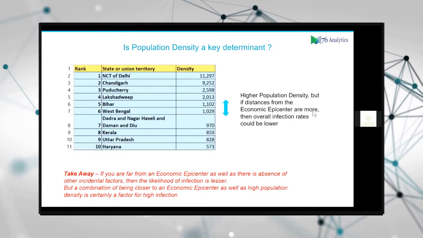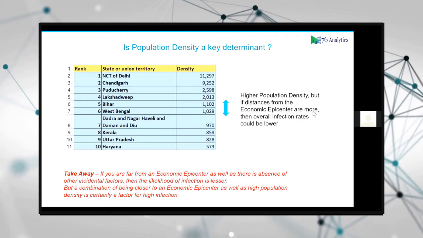We also looked at population density. Here we ranked the top 10 states by population density in India. In the states of Bihar and Bengal, the population density is high, but their economic integration with larger cities like Delhi and Mumbai is not as high as that of other neighboring states like Rajasthan and Gujarat.